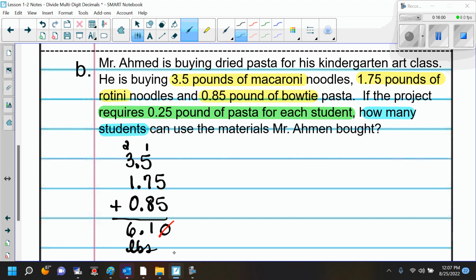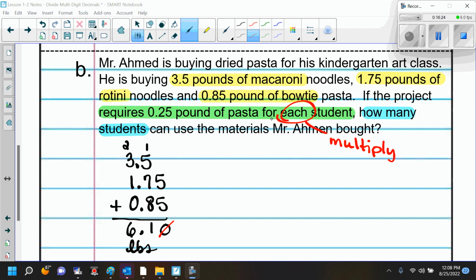Now, when we're looking at this word problem, what word tells me the operation we need to do? Good. Each tells me that I need to multiply. Fine. What am I multiplying?